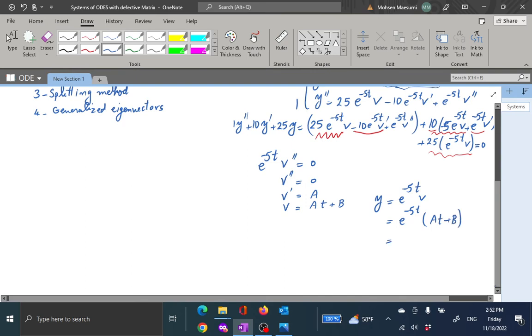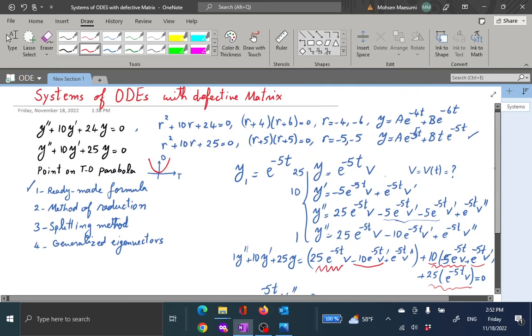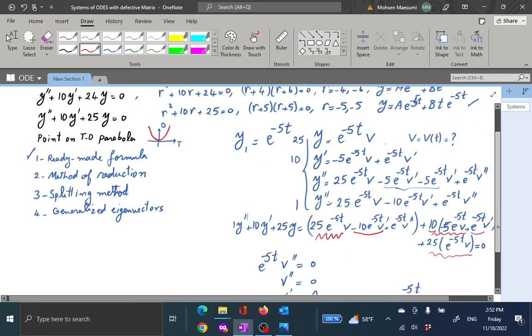which if you multiply it out is, let's write it in order of significance, a t exponential of minus 5t, and b exponential of minus 5t. Now when you look at that, you see our two solutions. One is what we knew from the beginning, exponential of minus 5t, we had that.